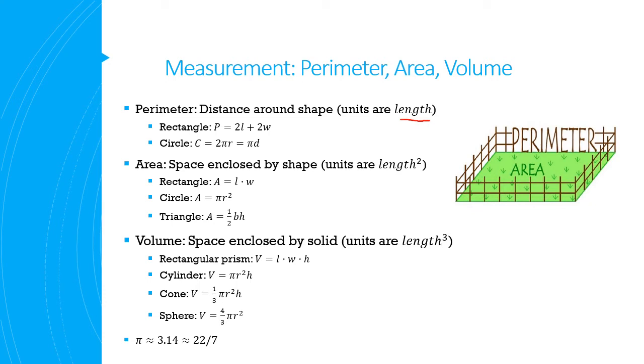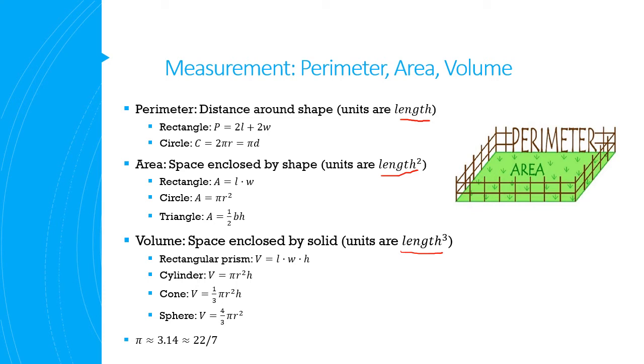Area is the space enclosed by a 2D shape, and its units are length squared, so feet squared, meters squared. And then volume is just the 3D equivalent of area. It's the space enclosed by a solid or a 3D shape, and its units are length cubed.